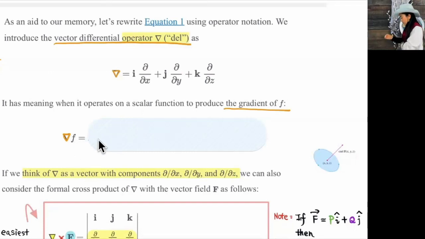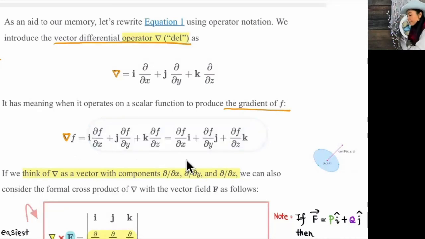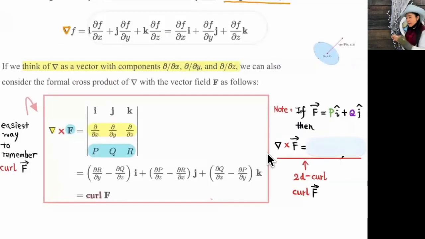We take each component: the first component, differentiate with the partial derivative with respect to x; the second one, differentiate with respect to y; and the last one, differentiate with respect to z. That is the vector differential operator, called del. Think of the del here as a vector differential operator.